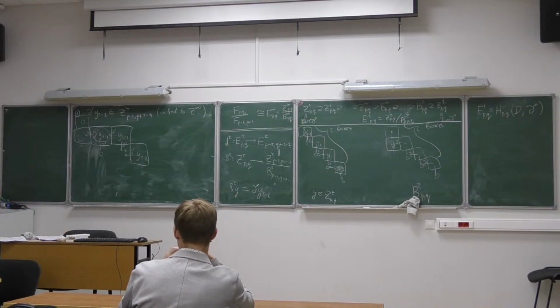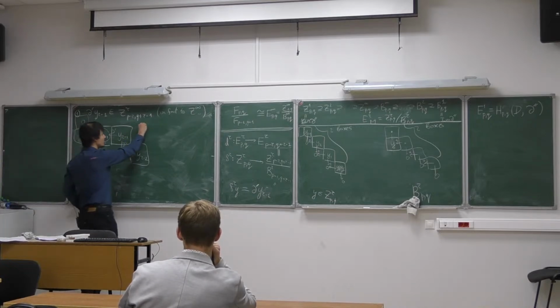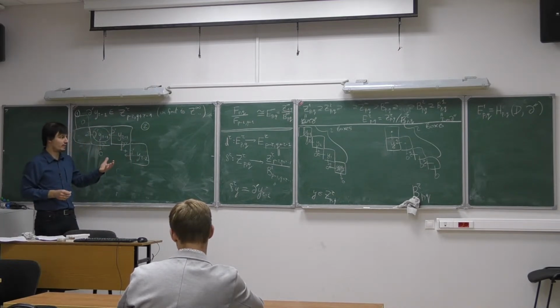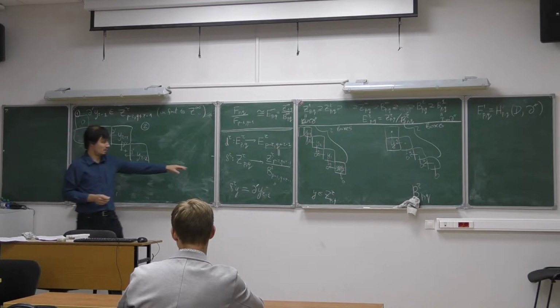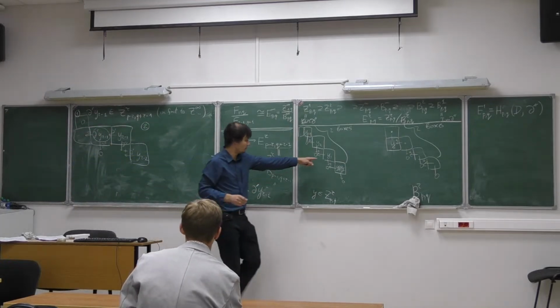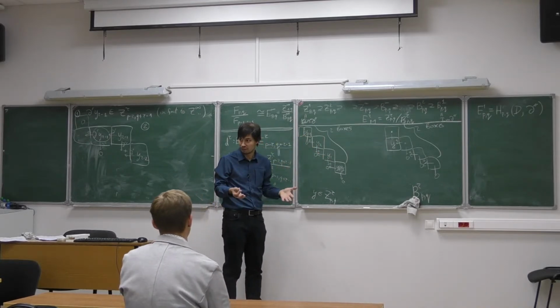Now, this was the first check. The second check is that we have indeterminacy of this element. This auxiliary sequence of yi's is not unique.